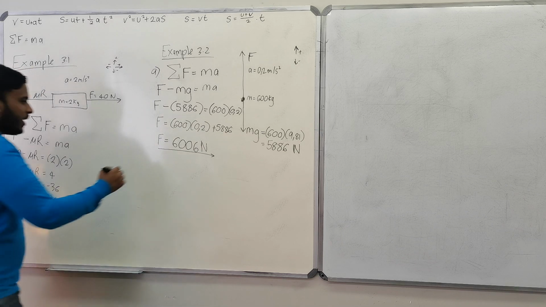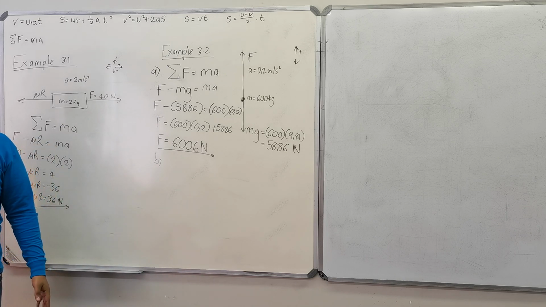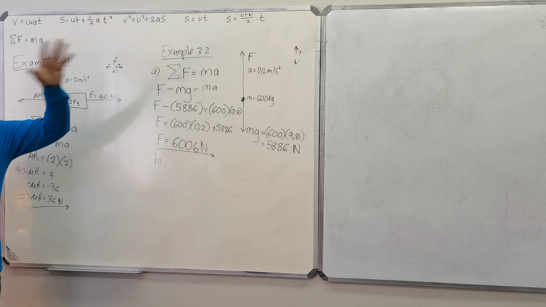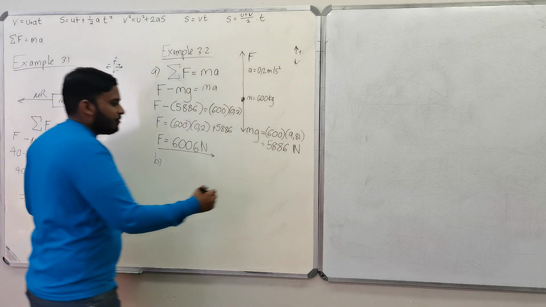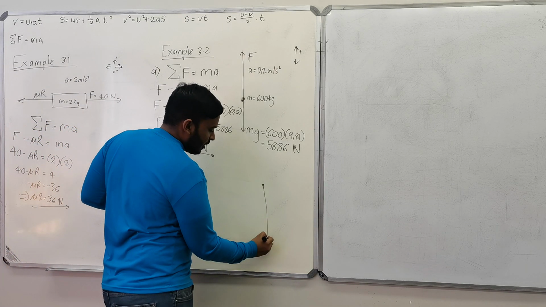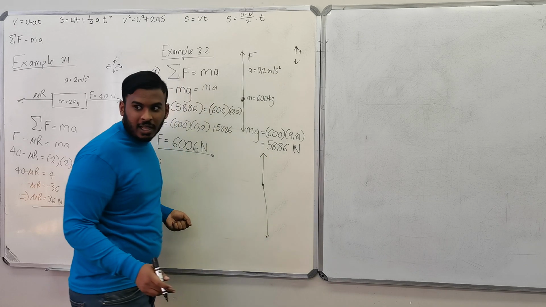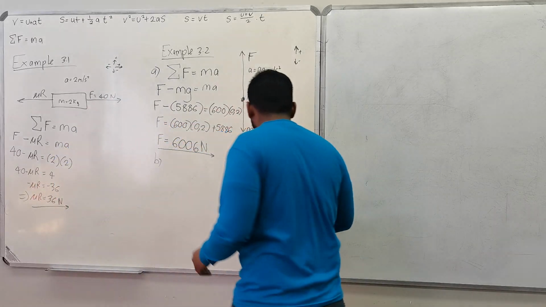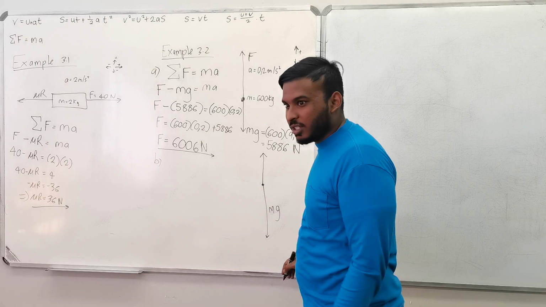Okay, let's look at B. They tell you that now it's being accelerated downwards. So now this elevator is moving downwards. Remember, the tension from the cable will now become your frictional force. So if this is now your lift and it's moving downwards, then mass times gravity is now in a positive direction.